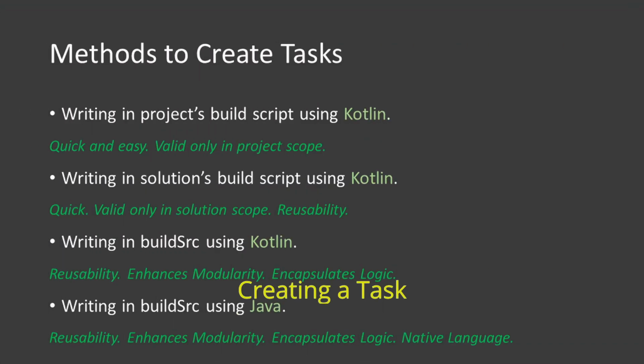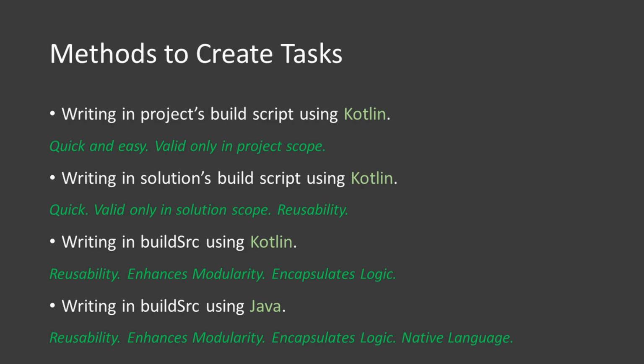Creating a task can be done in a couple of ways. The easy way is to write it in a project build script using Kotlin. These tasks are local to the project of the build script. Next, you can add them to the build script of the solution.